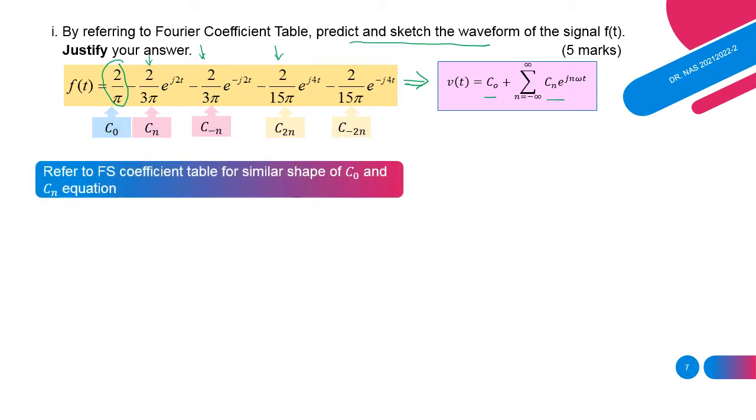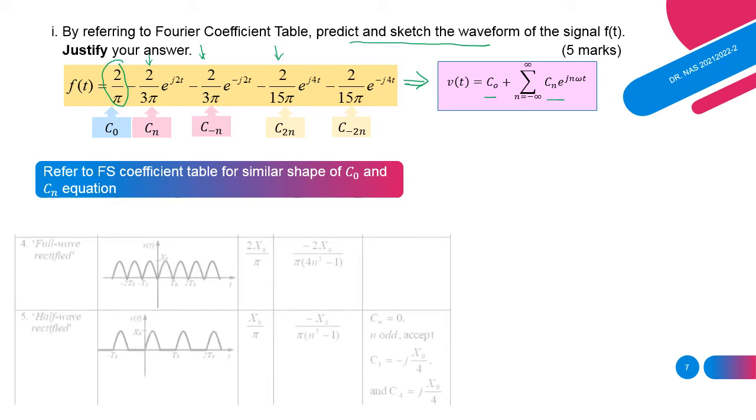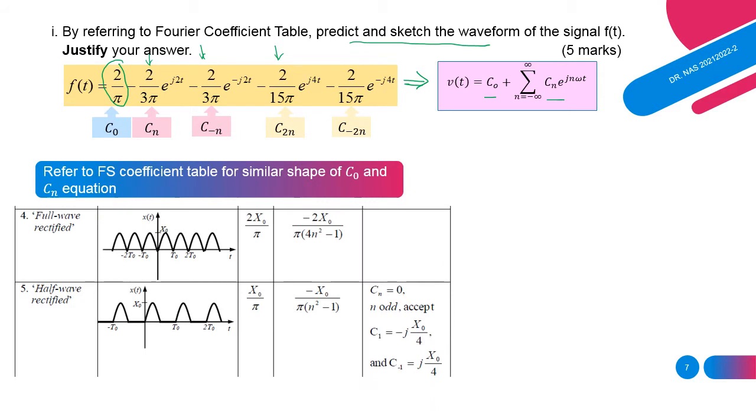Then you need to refer to the Fourier coefficients table and look for a similar shape of C0 and Cn equation to the given equation. From the table, these are the two signals that have C0 and Cn more or less similar to the equation shown. This column is for your C0 and this column for your Cn.